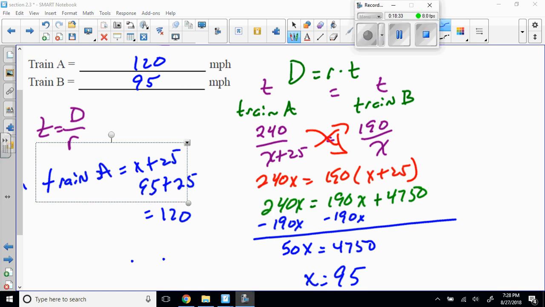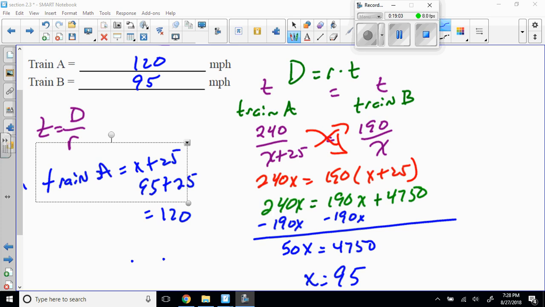How'd you get it? You still had the same cross product? Well, I took the train A distance, which was 240. Then I subtracted train B, 190. I got 50. And then I divided 50 by 25, because that was the extra miles per hour.